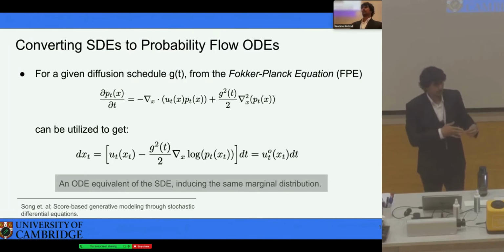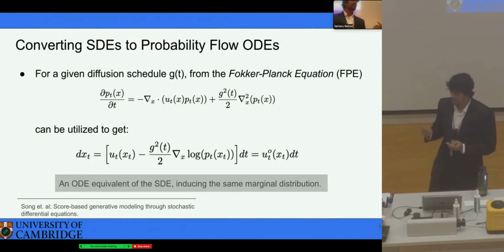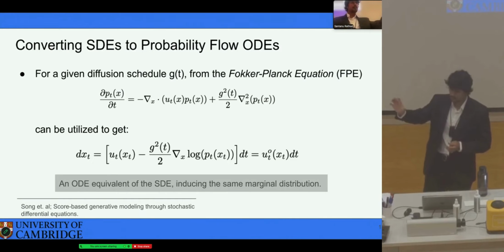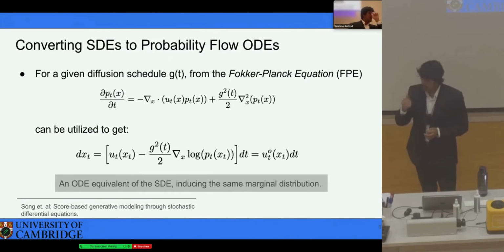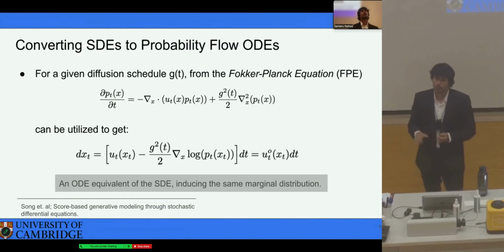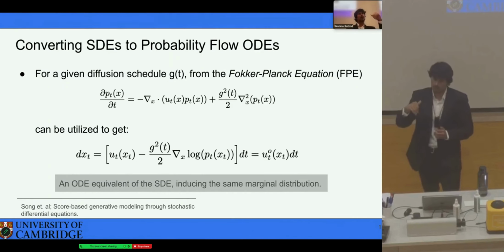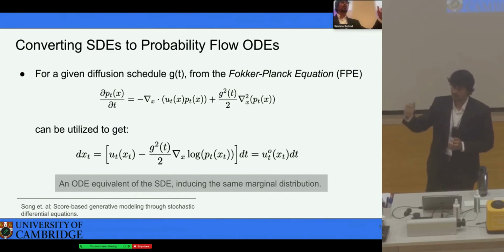Now, given that it's a random variable, we naturally care about the probabilities of these random variables at each point in time. What the probability flow ODE is telling you is that for an SDE that starts at some point and ends up at some terminal distribution, I can give you a corresponding ODE that will have the same marginal distribution at time t.